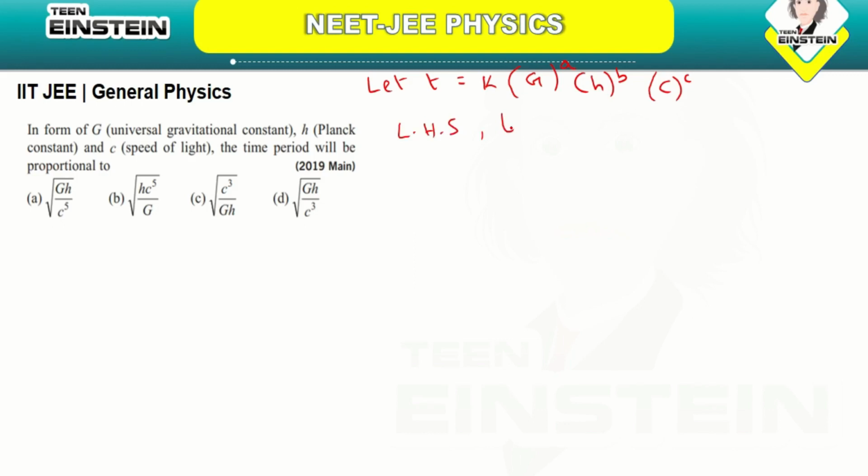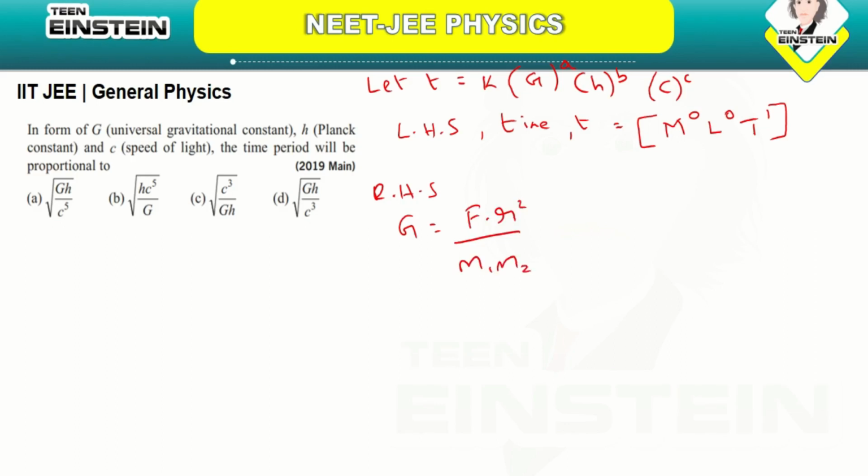You will be having time, so the dimensional formula is M0 L0 T1. Okay, now we will go for the RHS. First you will find out what G is. G is equal to F r square by M1 M2. So it is kilogram meter per second square into meter square divided by kilogram square.